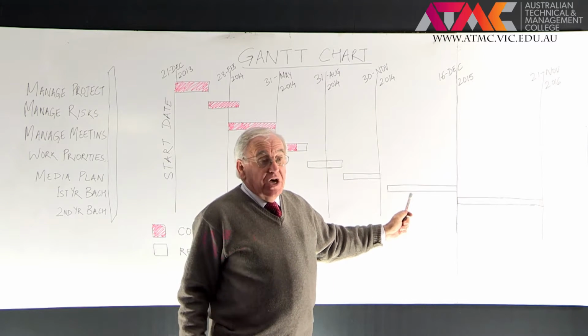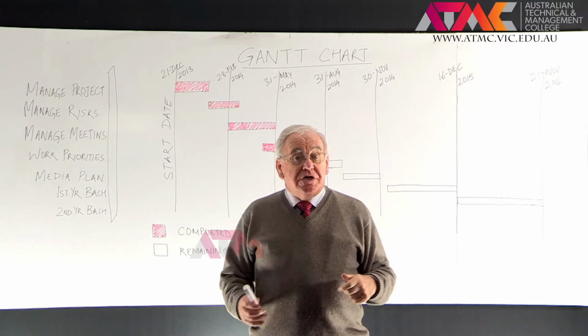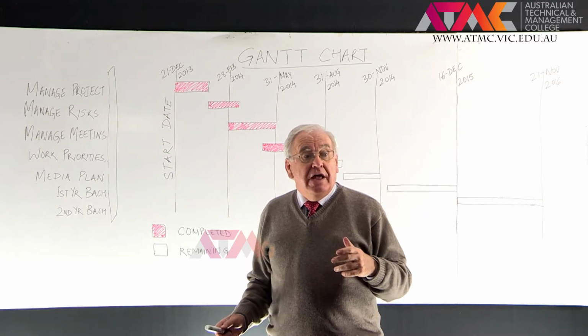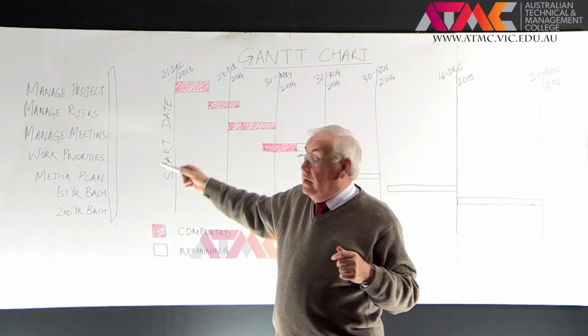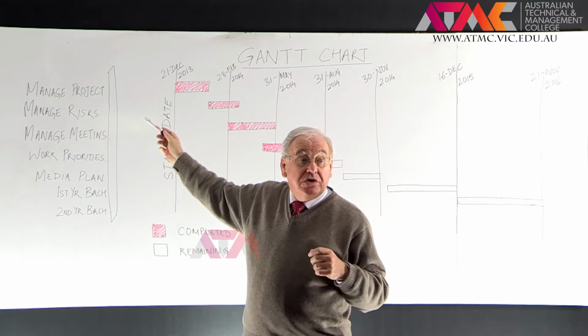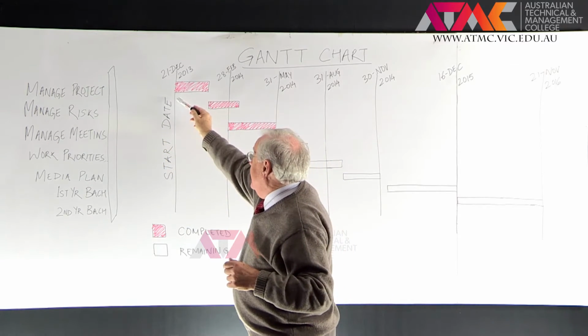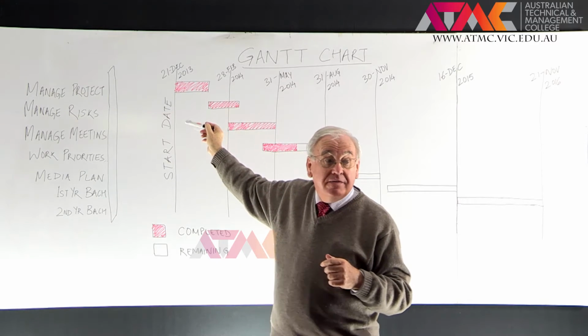So that's what a Gantt chart is. So what it does, it tells you what the various activities are, and it also tells you when each activity begins and ends.